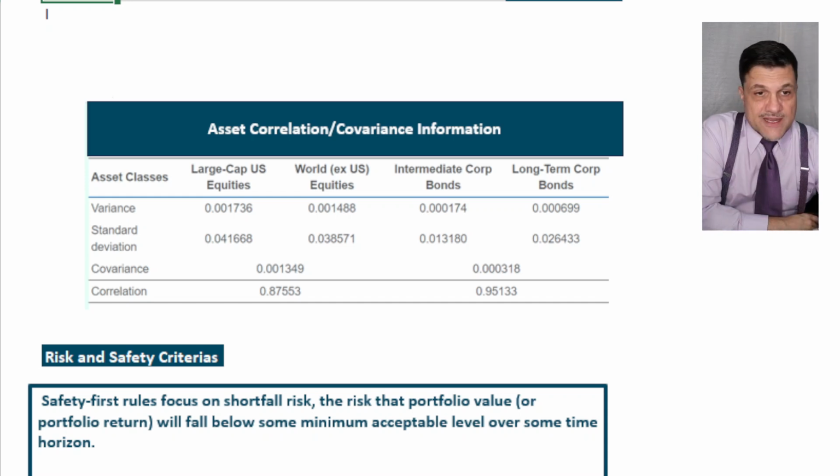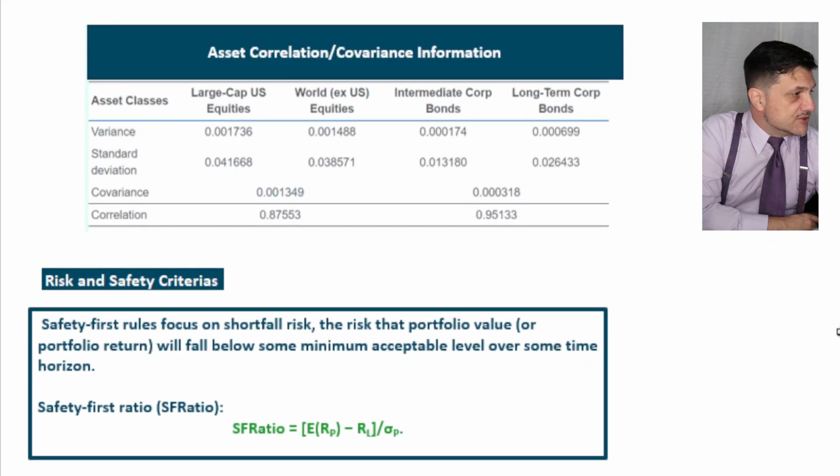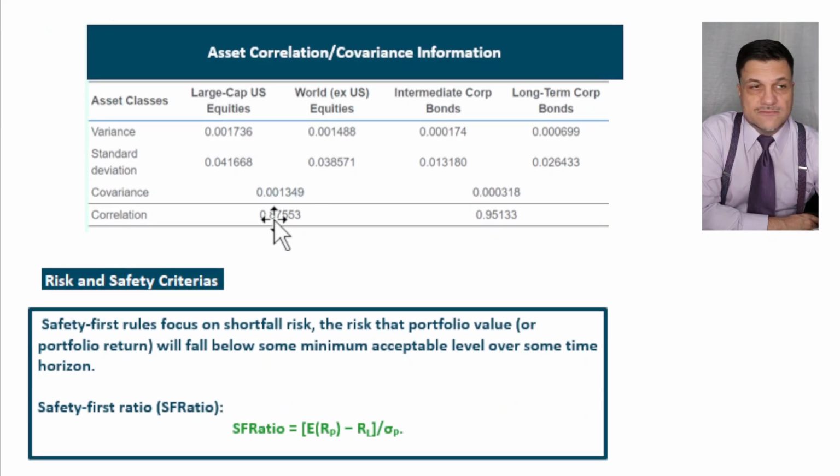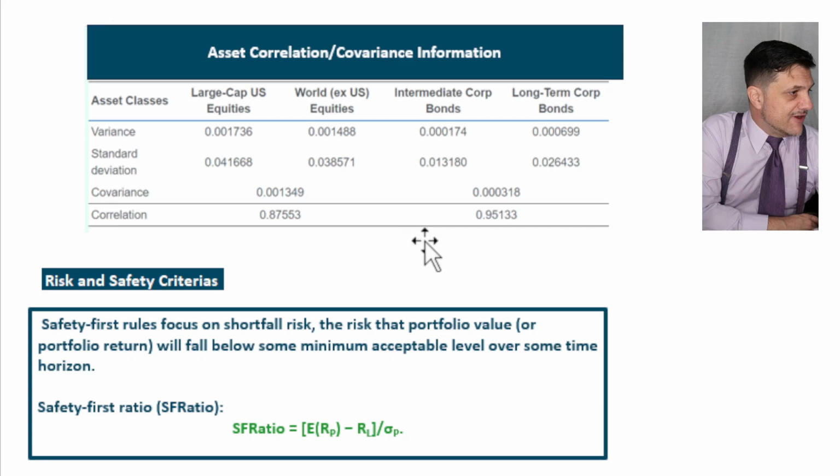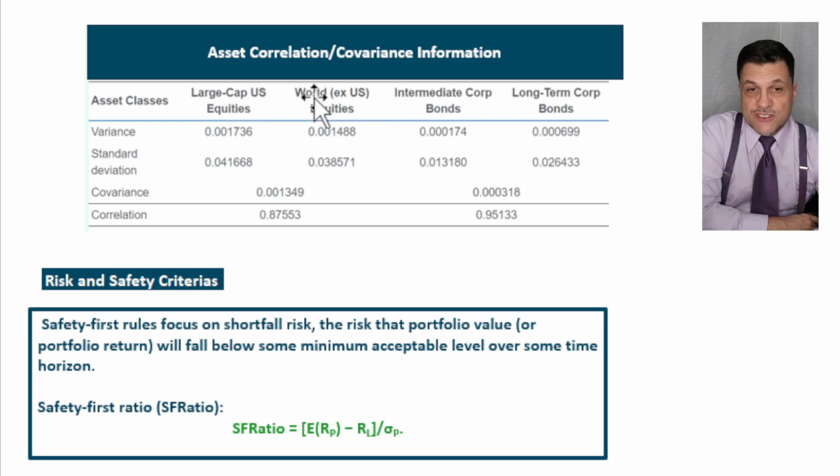Now, not on the question, but as interpretation, what do you think about the correlation? 0.875, 0.951. Large cap equities, right? Large cap versus the world. So comparing all the large cap equities in the United States with the large cap outside the United States, there's a correlation of 0.87.